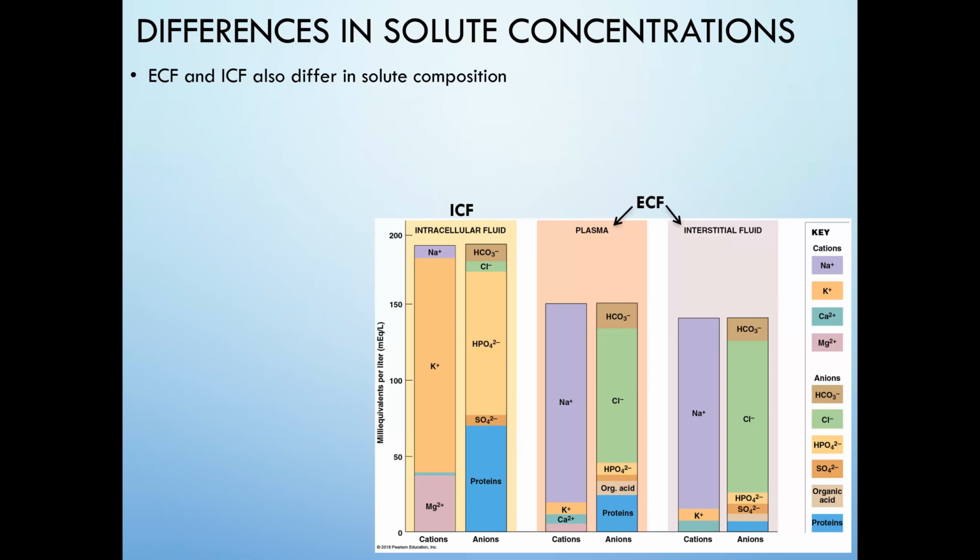So the principal ions in the extracellular fluid, and again, it doesn't matter if it's plasma or interstitial fluid, it's the same, are going to be sodium, chloride, and bicarbonate. Again, this should be a bit of a review for you because we have talked several times about how sodium levels are highest outside the cells. Well, ECF is outside of the cells.